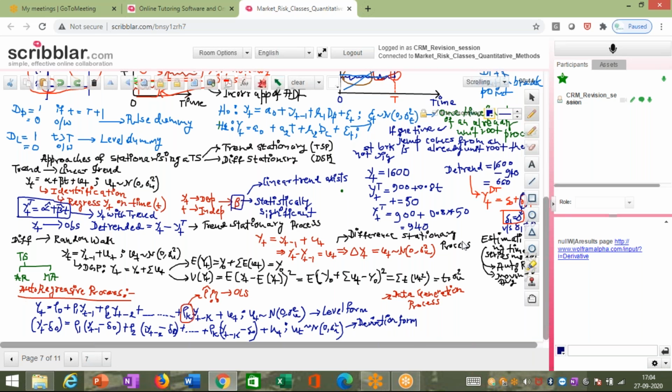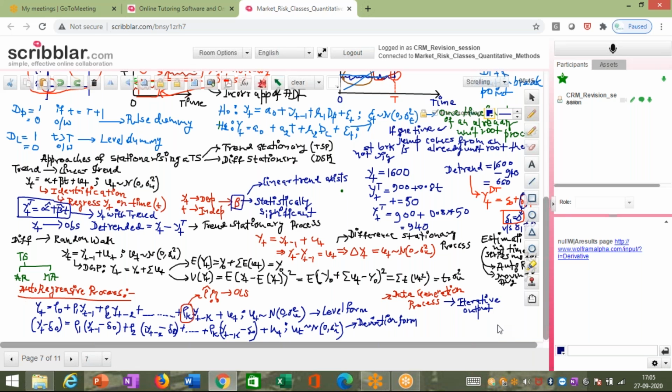As we saw in the random walk process exercise, this can be obtained as an iterative output.